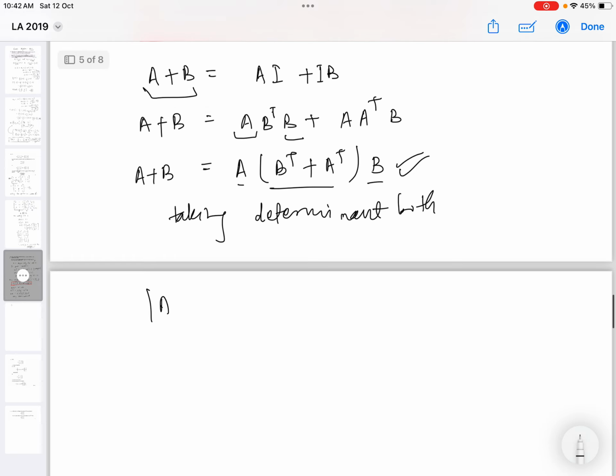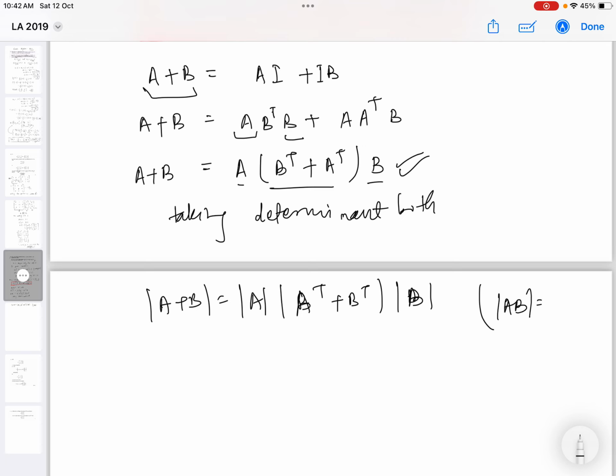The determinant of A plus B would be the determinant of this whole expression. We know that the determinant of AB is nothing but the determinant of A times the determinant of B; this is a property of matrices.